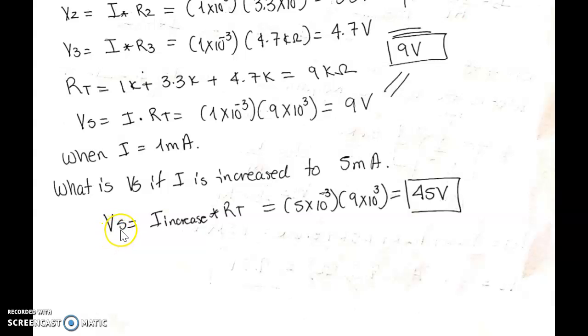Using Ohm's law, the voltage source is equal to I times R total. R total remains the same, but now I gets increased from 1 to 5. So it's simple math: the voltage is going to be increased by a factor of 5 as well, and when we multiply it, we get 45 volts.